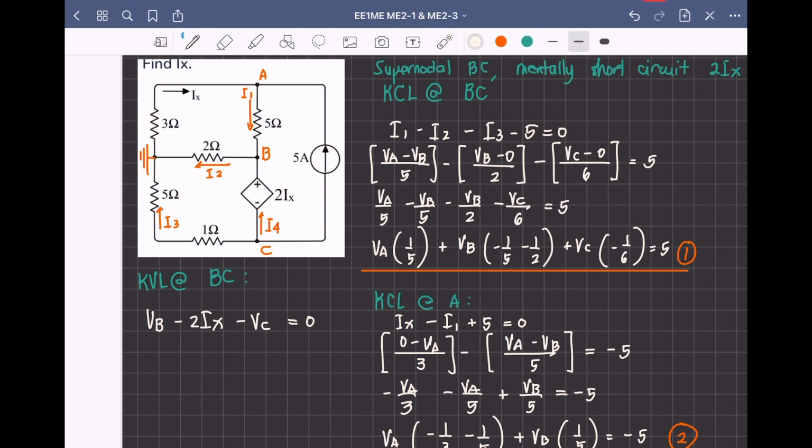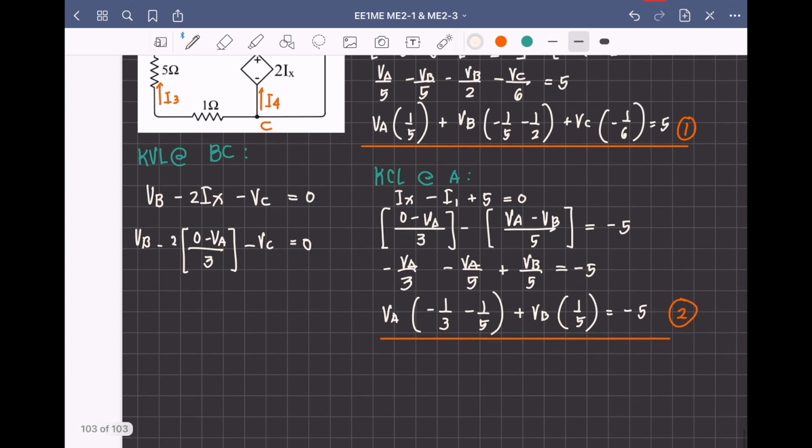So, this will be VB minus 2 times IX is 0 minus VA over 3 ohms. Okay, minus VC equate to 0. After that, we expand. So, I'll start with VA na agad. This is negative, negative. So, magiging positive 2 times VA over 3. So, positive 2/3 VA. Okay, plus VB minus VC, and then equate that to 0. And this will be your equation number 3.